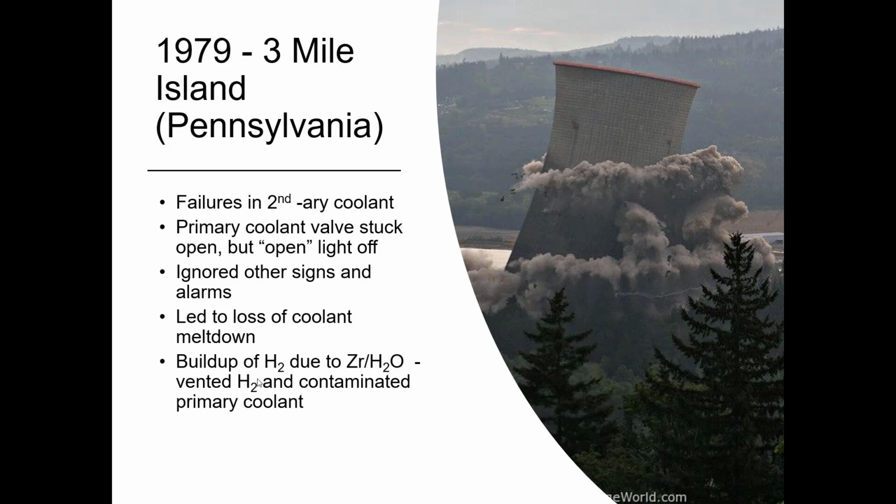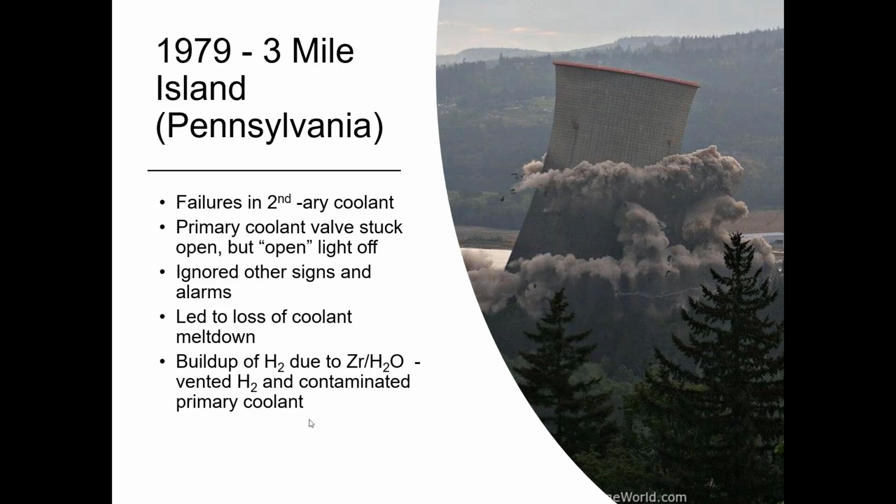And so rather than have an explosion along with their loss of coolant meltdown, right, which would then spread that uranium far and wide, they decided to vent that primary coolant system a little bit more and let go of that hydrogen gas, as well as the primary coolant that had been boiling off and which was mixed with all of those other fission byproducts.